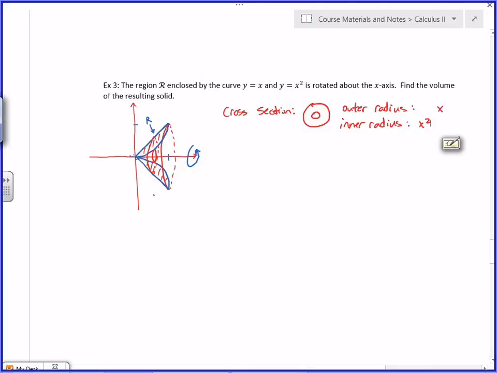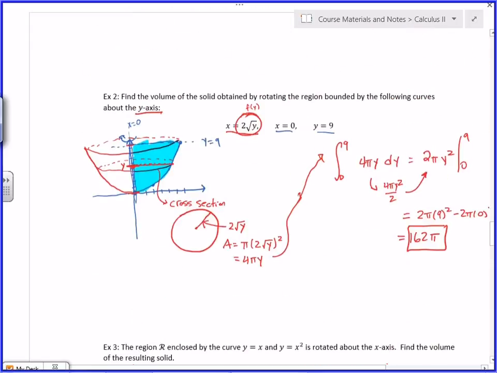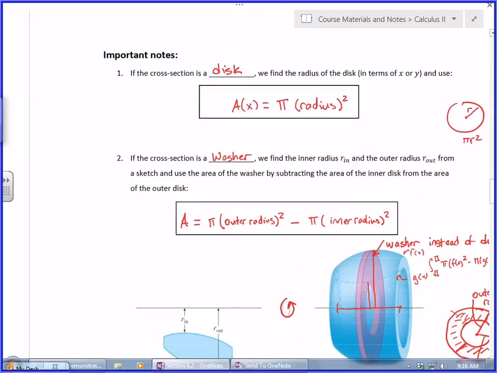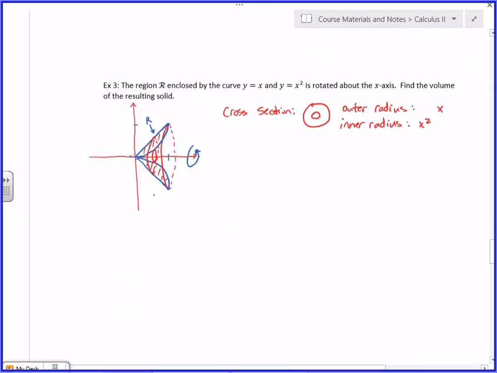Okay, so now going back up, I'm going to leave this screen for just a second. Remember that if you've got a washer, the area is pi outer radius squared minus pi inner radius squared. Okay? So the area for a given x, I'm on the x-axis here, is pi times x squared minus pi times x squared squared.